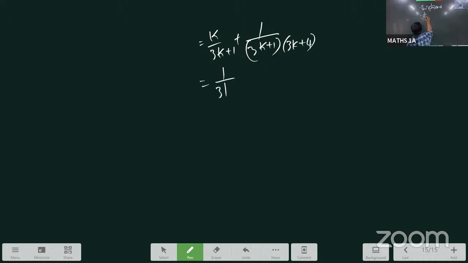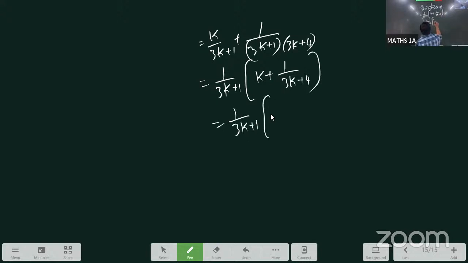So what was your RHS? k by 3k plus 1 plus 1 by 3k plus 1 into 3k plus 4. Now start simplifying. 1 by 3k plus 1 common. What is left out? k into 3k plus 4 plus 1, by 3k plus 4. That is 1 by 3k plus 1 into 3k square plus 4k plus 1 by 3k plus 4.